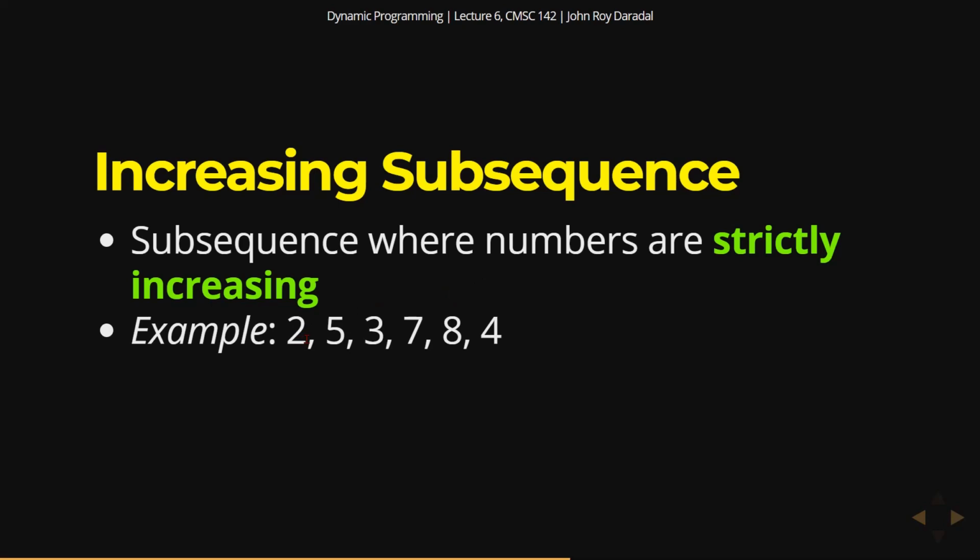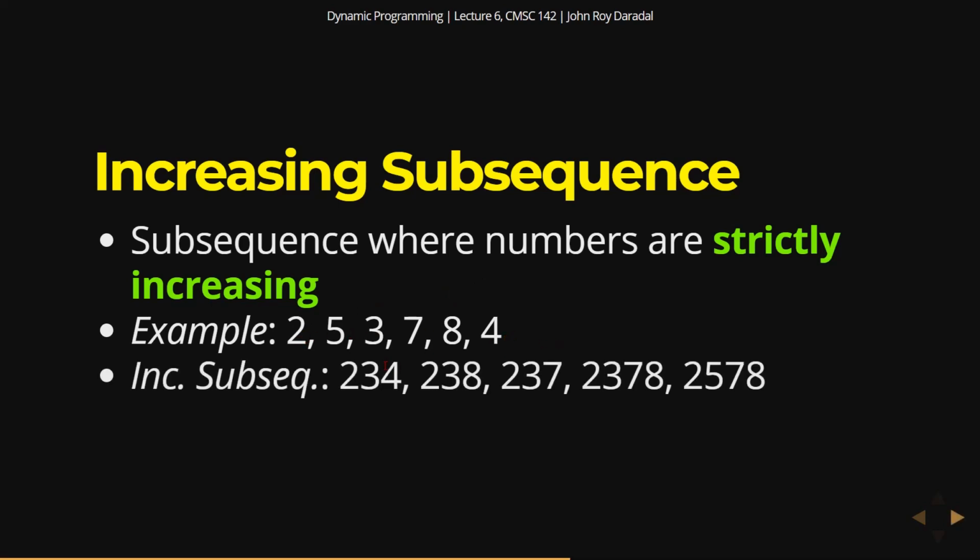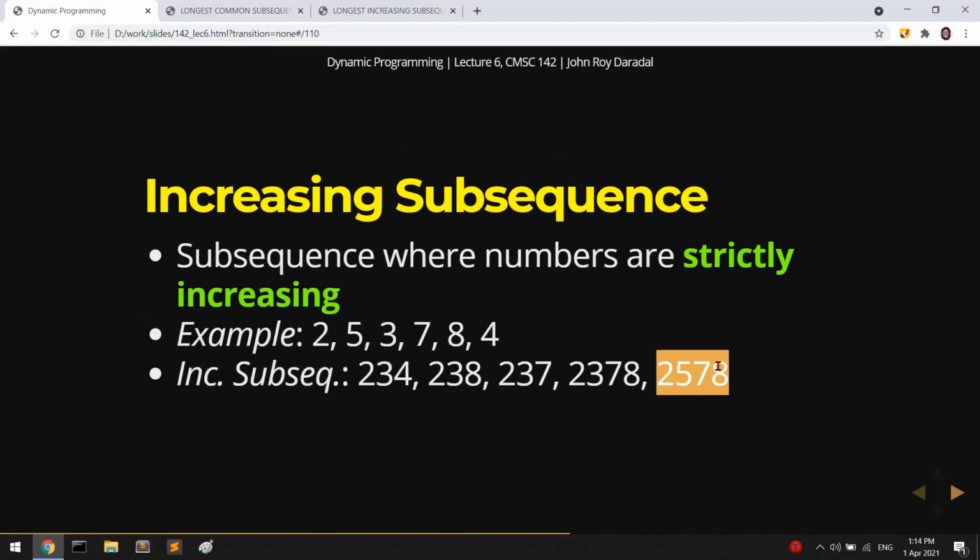So in here, if this is our example sequence, the increasing subsequences are 2, 3, 4, because this is in increasing order, 2, 3, 8, 2, 3, 7, 2, 3, 7, 8, and 2, 5, 7, 8. Okay, so there's a lot of subsequences here, right?